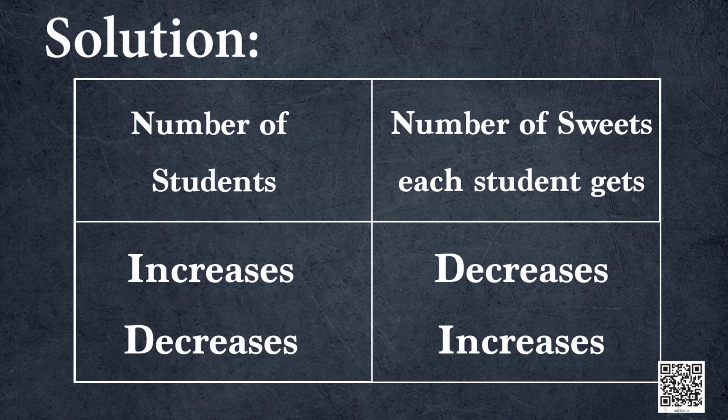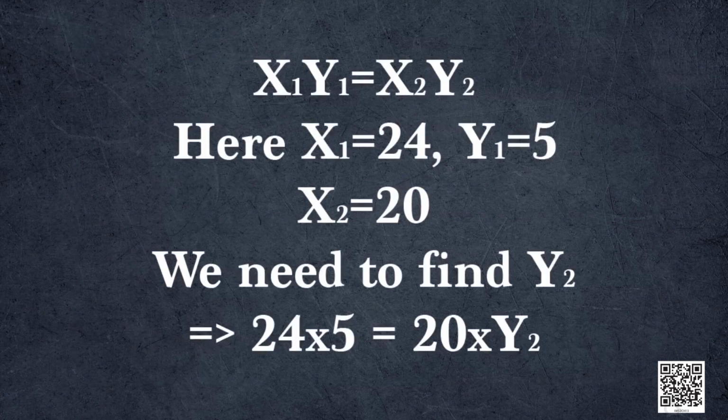Clearly, this is a case of inverse proportion. Then, we can say that x1 y1 is equal to x2 y2. And here x1 is equal to 24 and y1 is equal to 5.